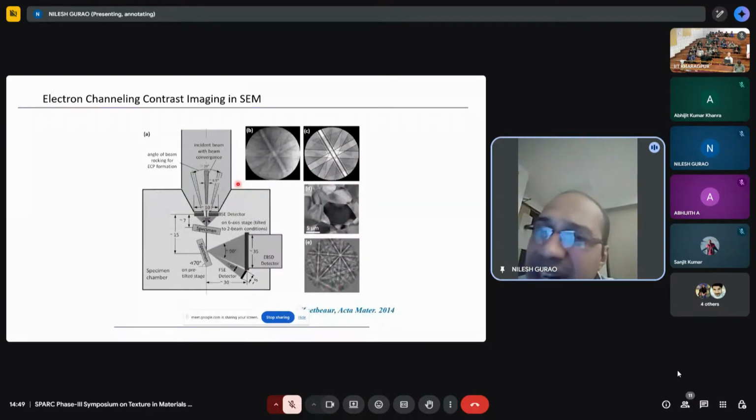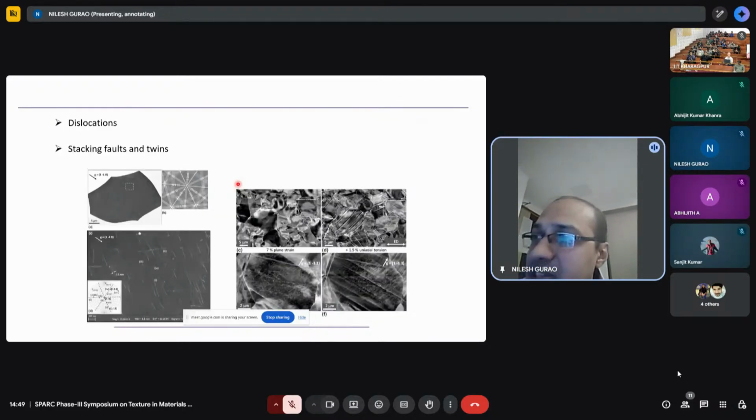I'll just touch upon another technique called electron channeling contrast imaging, which can give you very nice information about defects, dislocations, and twins. I won't talk about it in detail, but you can take this information to your ImageJ software and quantify.